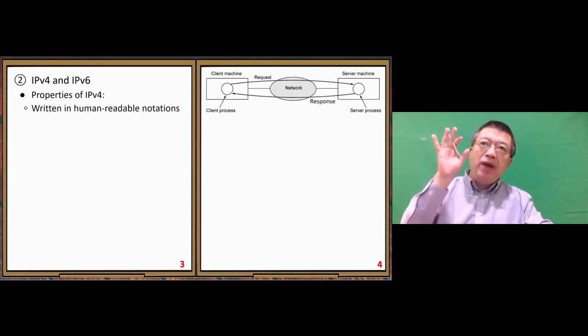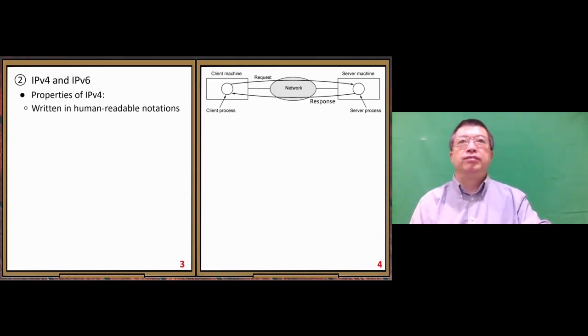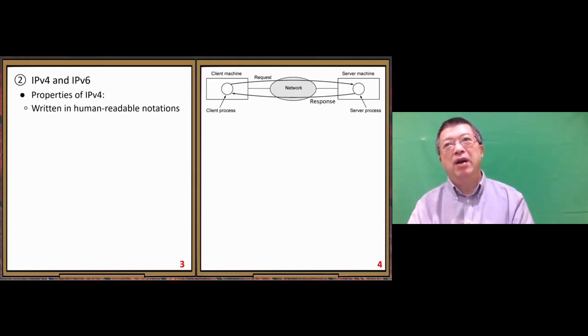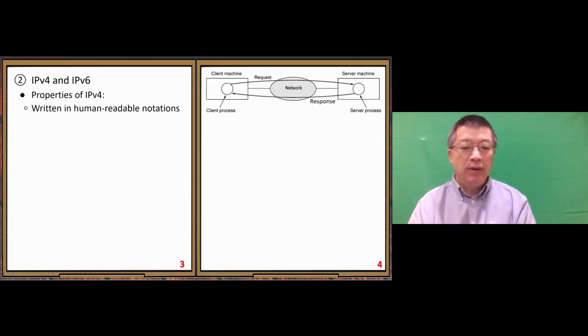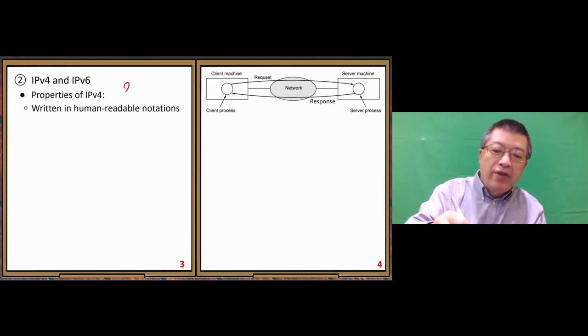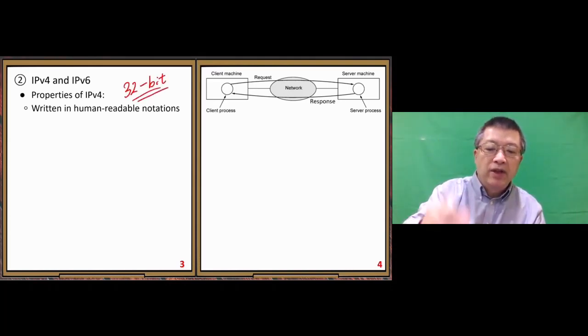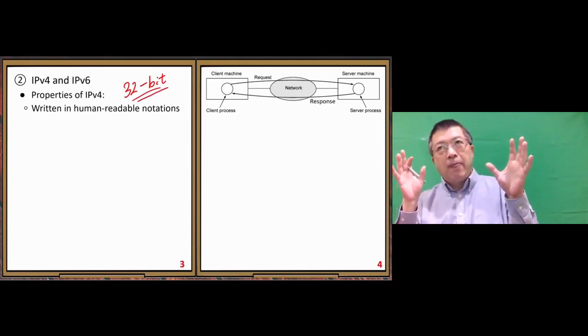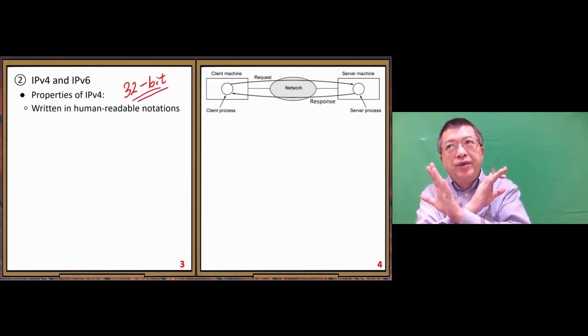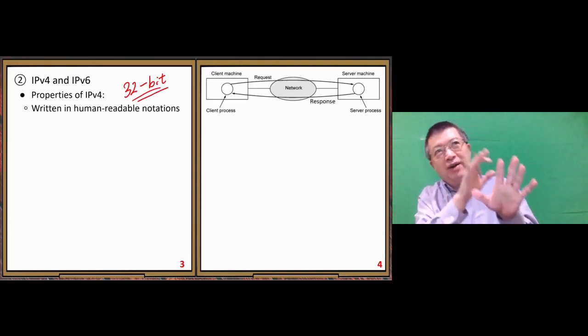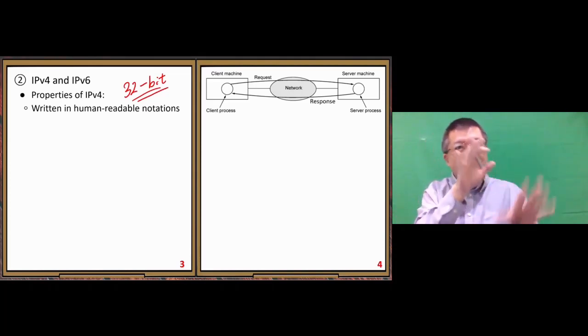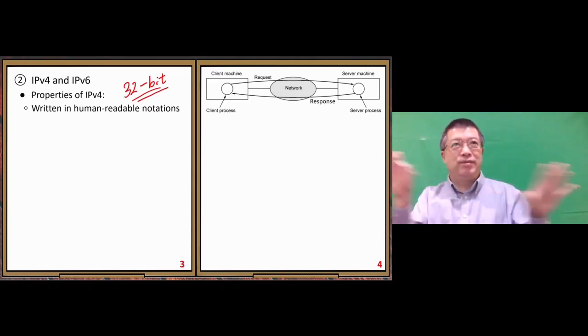People try to make it human readable. So think about how you make a 32-bit number human readable. Suppose you write a 32-bit string, 32 0s and 1s put together.